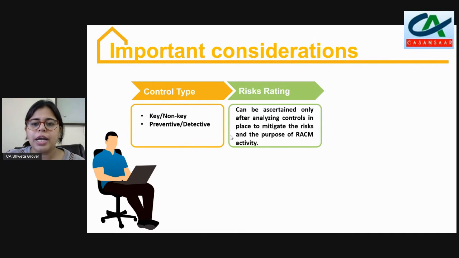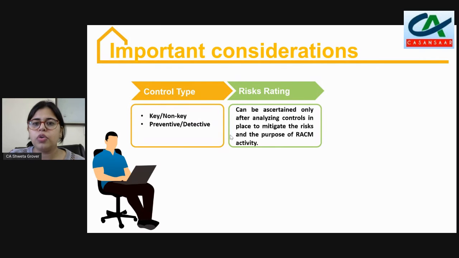First, you are analyzing your controls. Suppose you have a particular risk in place. Yes, that risk could be big, but if you have a specific and effective control in place against that risk, then the risk rating would be low or medium. It could not be high because you have a control in place.